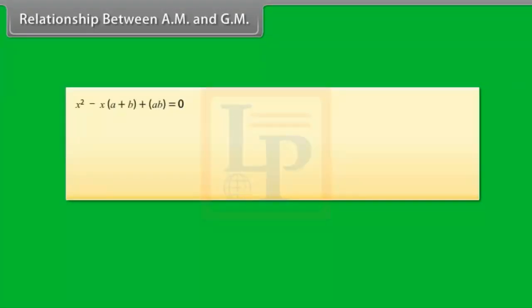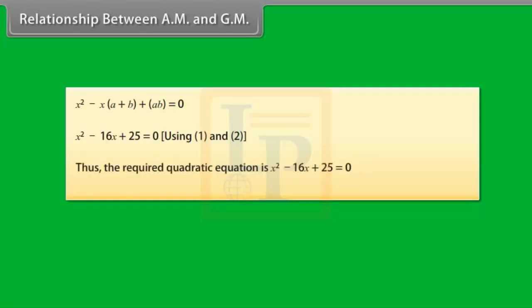X square minus x into A plus B plus AB is equal to 0. X square minus 16x plus 25 is equal to 0, using equations 1 and 2. Thus, the required quadratic equation is x square minus 16x plus 25 is equal to 0.